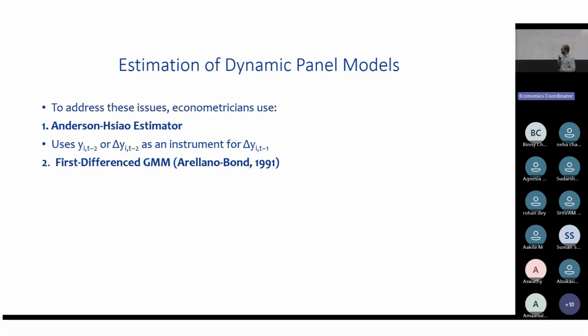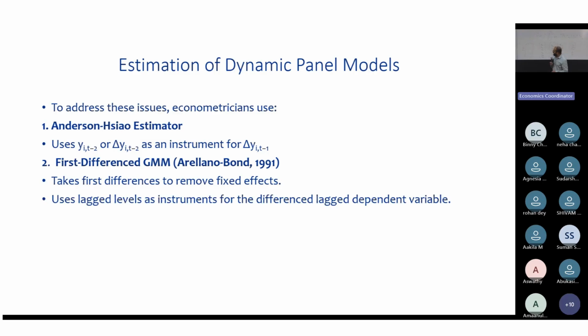That is where Arellano and Bond comes with another model where they take the first difference to remove the fixed effects. Then they use the lagged levels as instruments for the differenced lagged dependent variable. It might look complicated. Once we write the model, it will be a little more clear. I will explain each of them in detail.